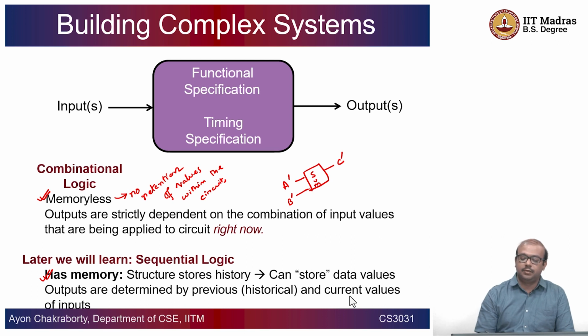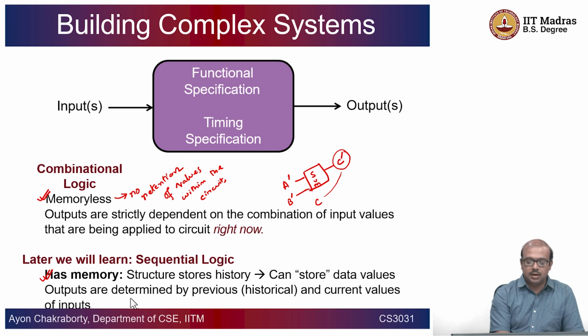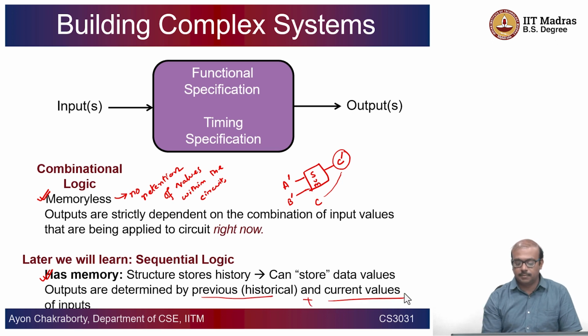Okay, so if you think of this A prime B prime example, C prime here, suppose it was a sequential circuit, not only just depends on A prime and B prime, but it also depends on C, which was previously computed. Okay, this is just a hypothetical example I am trying to give to contrast with the combinational logic example that we had earlier. But this is more important: the outputs are determined by not only the current, but the previous plus the current values.